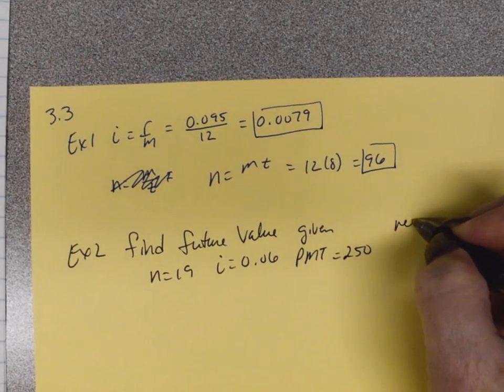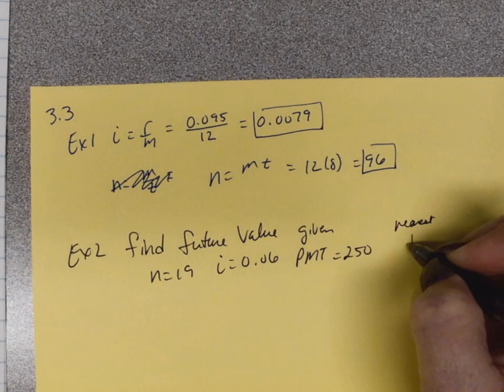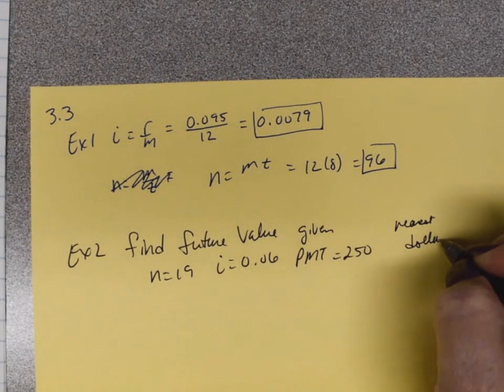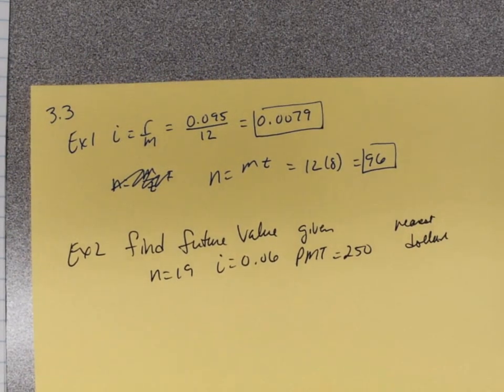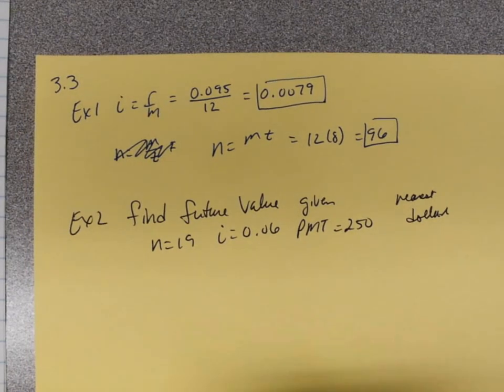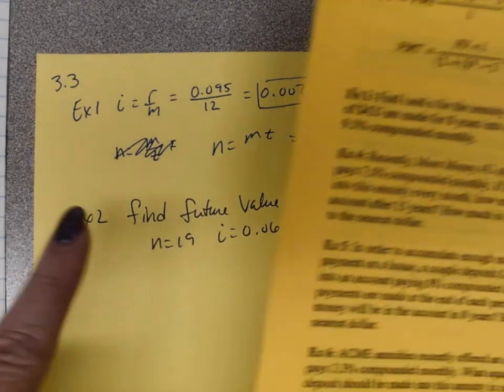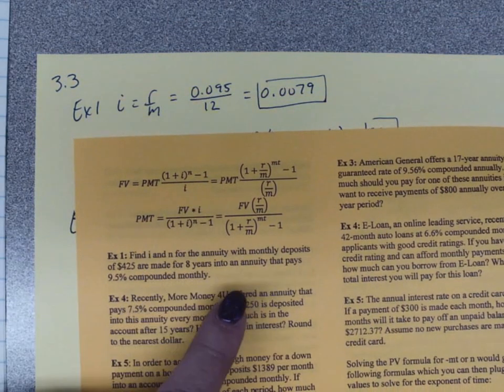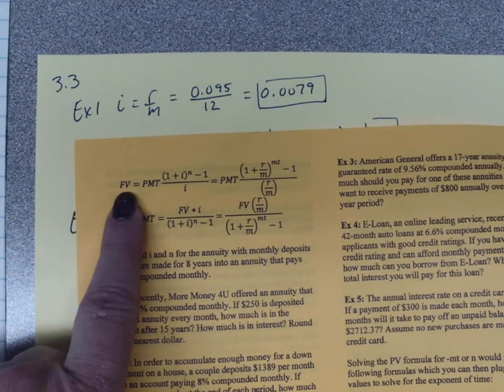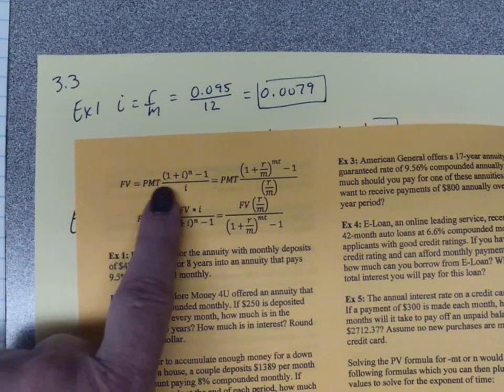And we're going to do it to the nearest dollar. So pay attention in your homework if they're asking for the decimal places or to the nearest dollar. So for this, we have payment, PMT, I, and N. So future value equals this formula here is the one we're going to use.